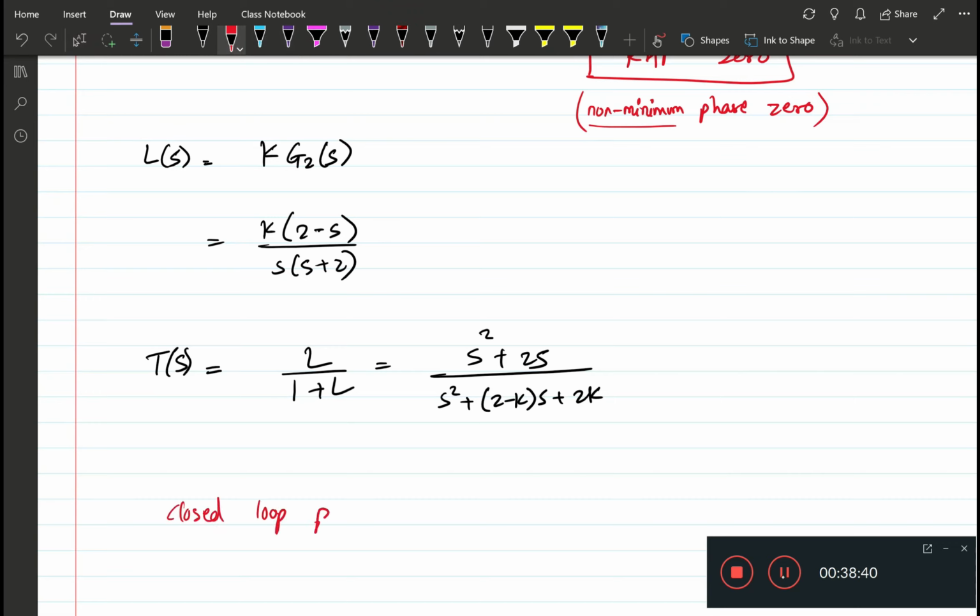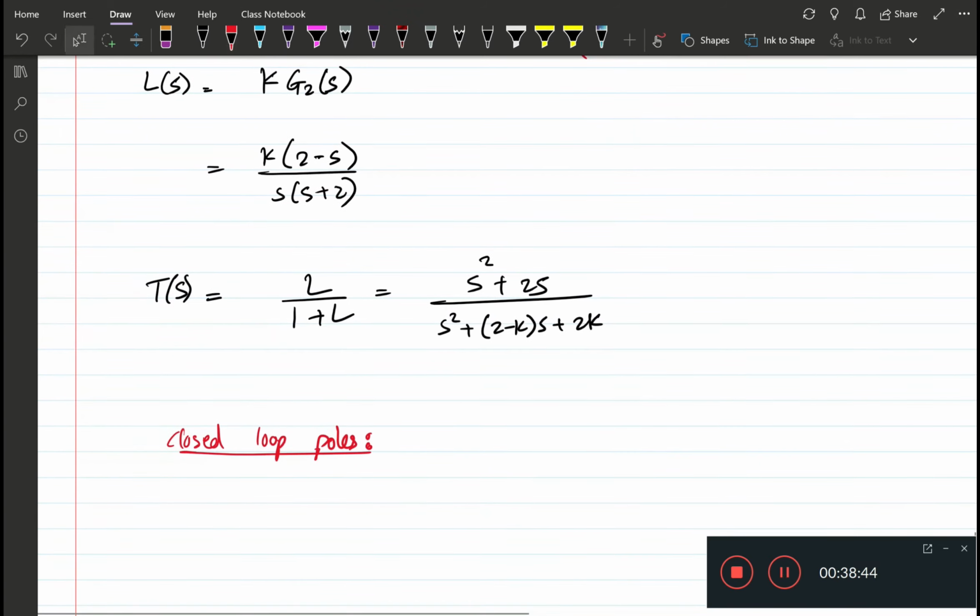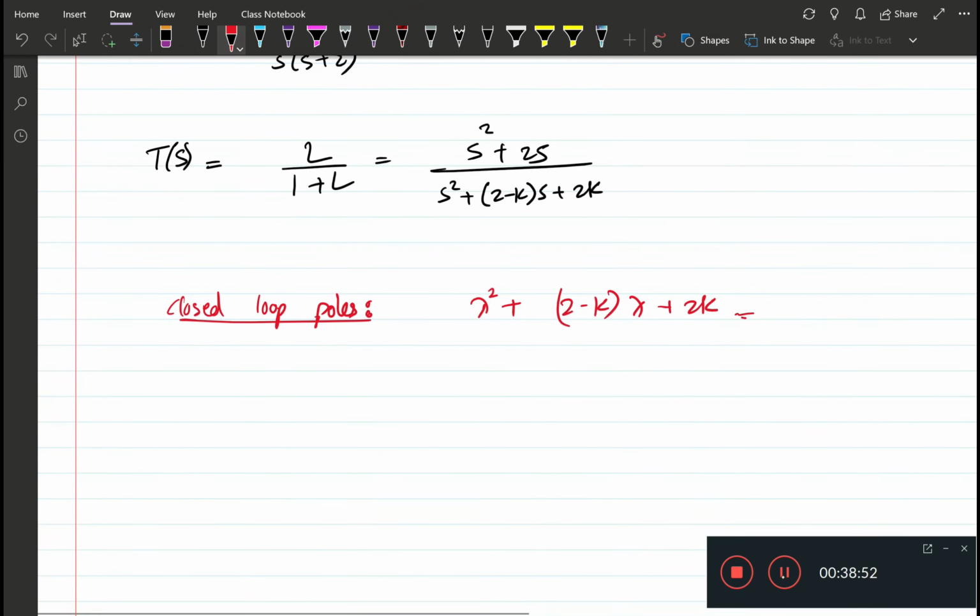Now the closed loop poles are the solutions of this quadratic equation, and we can see that that is nothing but minus (2 minus k) plus or minus the square root of (2 minus k) squared minus 4 times 2k, divided by 2.